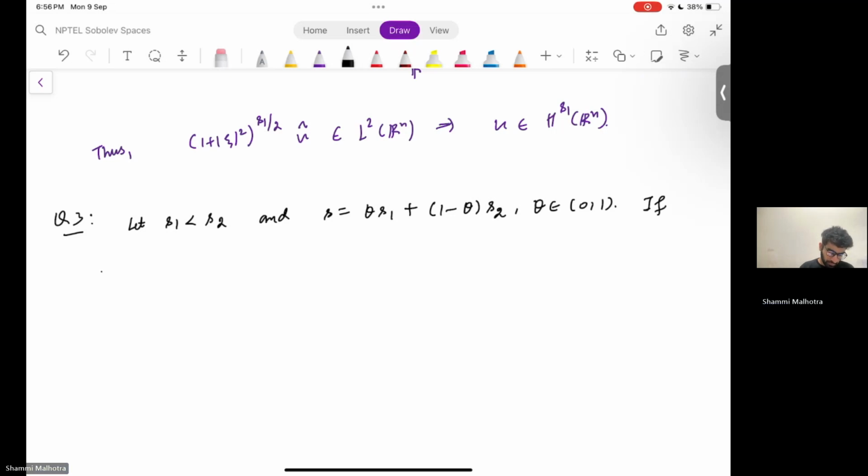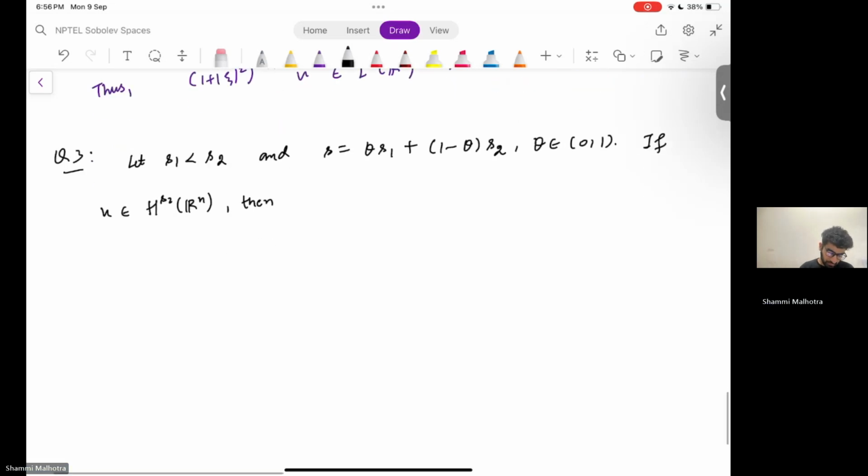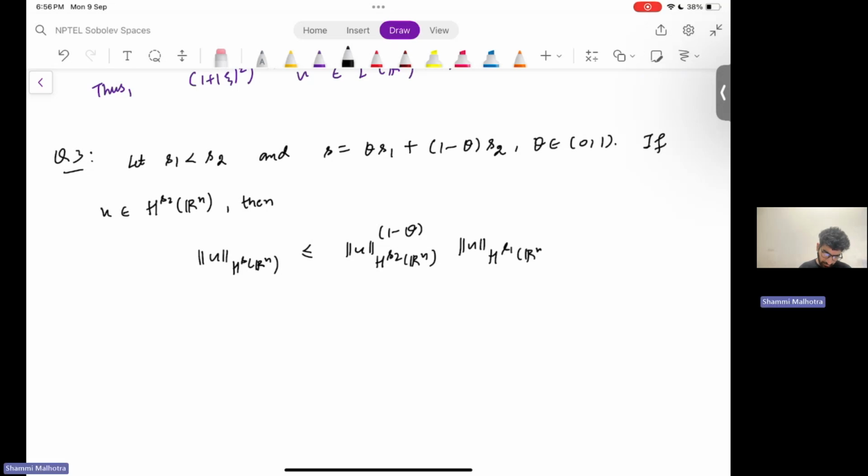If u belongs to H^s2(R^n), then the norm of u in H^s(R^n) has to be less than or equal to the norm of u in H^s2(R^n) to the power 1 minus theta, times the norm of u in H^s1(R^n) to the power theta. So this is the inequality which we wanted to prove.